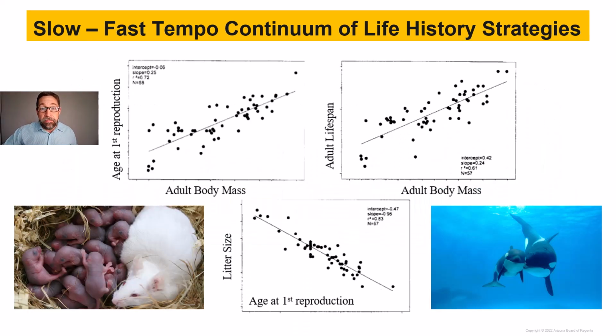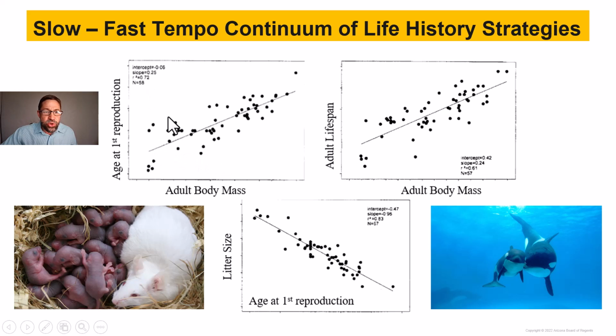So this is from Pianka's foundational work. These are all mammals, and as you can see, as mammalian adult body mass increases on the x-axes of these top two graphs, the age at first reproduction, that is to say the age in which the mammal reaches sexual maturity, linearly increases. This is a high R-squared, 0.72.